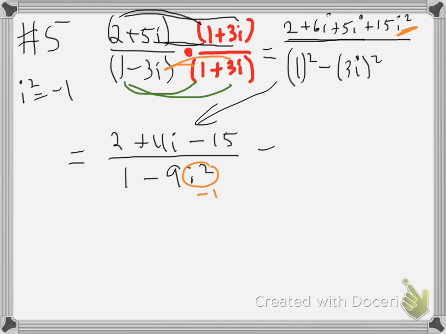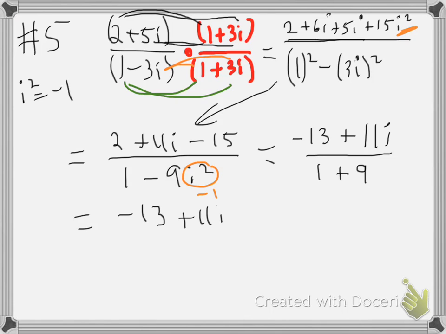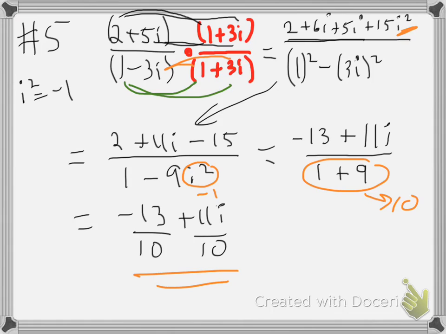So we're going to get negative 13 on top plus 11i over 1 plus 9, which is 10. So I'm going to get negative 13 plus 11i, and I'm going to divide both parts by 10, because remember, 1 plus 9 is 10. Okay, and that's in standard form. You have it separated with the a plus bi. So that's in standard form.